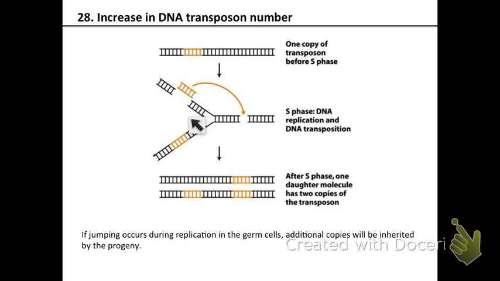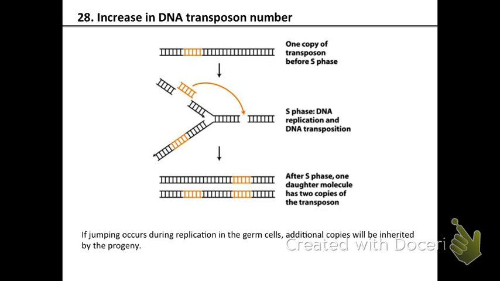And as the replication moves forward, you're going to make two copies of that DNA transposon, so that you have one daughter with a single copy, because this one jumped from here to here, but this unfortunate copy is going to have two copies of that transposon because it has now inserted here and then got replicated. Does this make sense? Pretty cool.